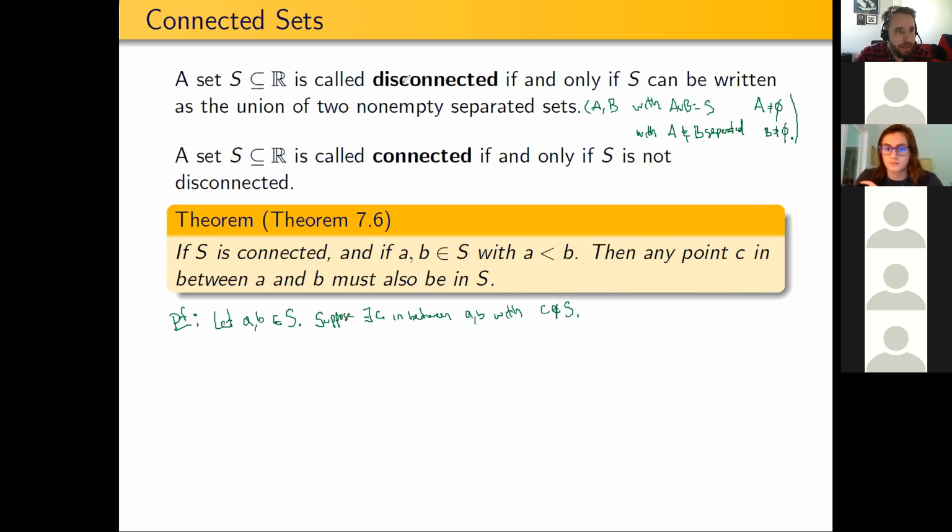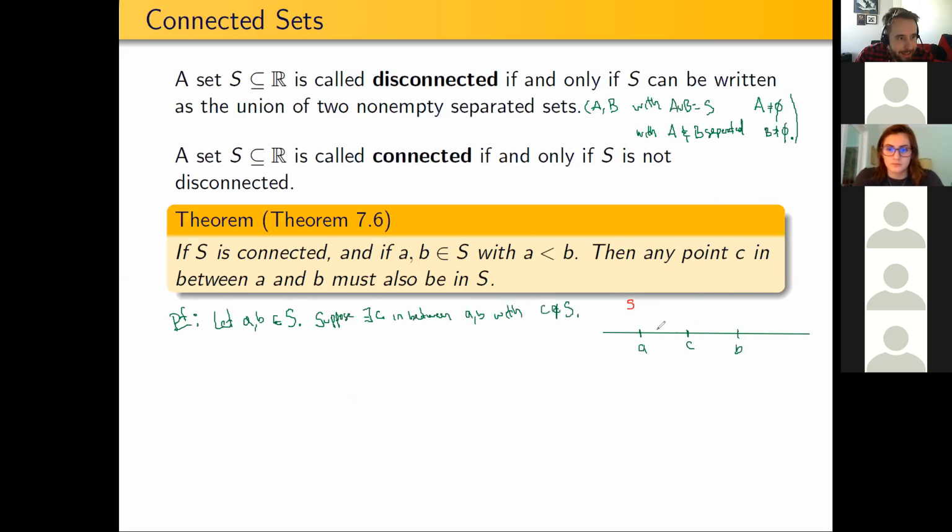And here are going to be my candidates. To help illustrate this, I'll sketch a quick picture over here on the right. So here's my number line. Here is my point C. Here's my point B and A. I'm not going to make a claim as to precisely what S is at the moment, but I'll draw my S in red.